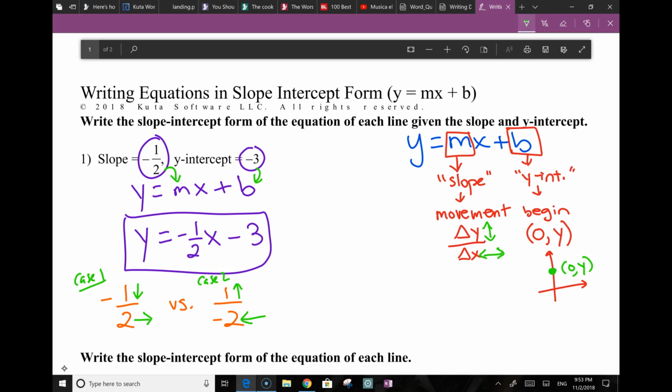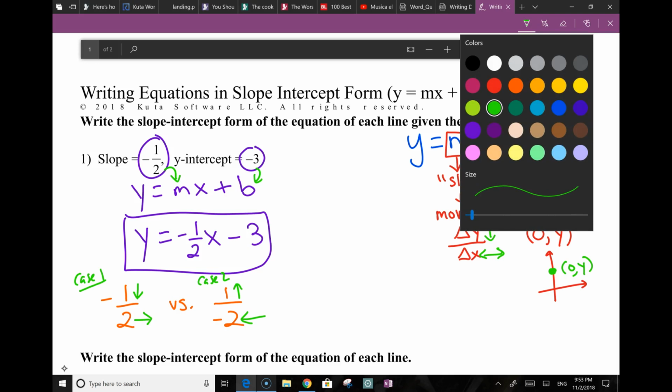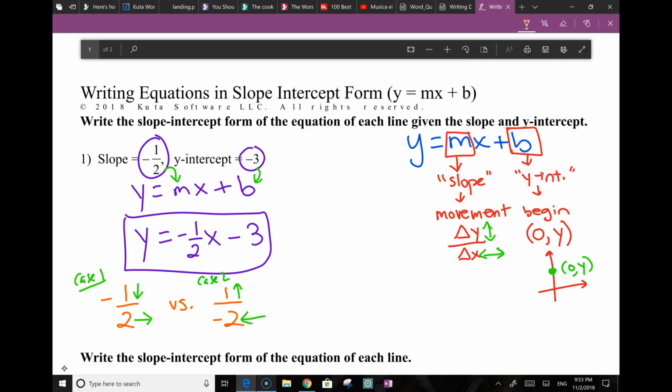Because if I were to divide these by entering them into a calculator, the value of this is simply negative 0.5, and guess what? So is this, negative 0.5. There's absolutely no difference in the actual value.